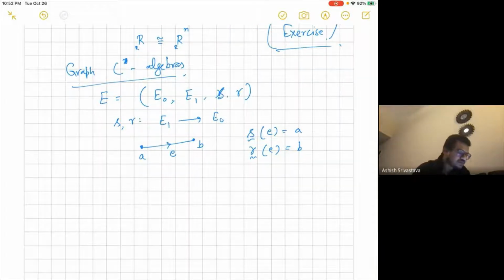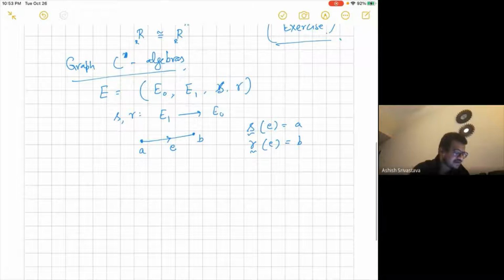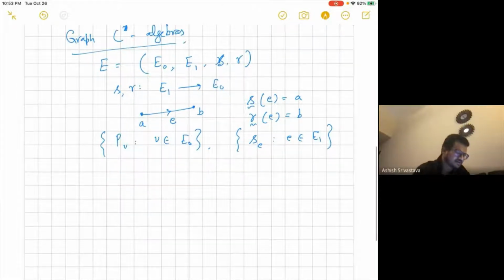And so the graph C-star algebra, which was studied by people working in operator theory, they defined this as a universal C-star algebra generated by orthogonal projections and partial isometries satisfying the two conditions that if V is a regular vertex in the sense that it is not a sink.